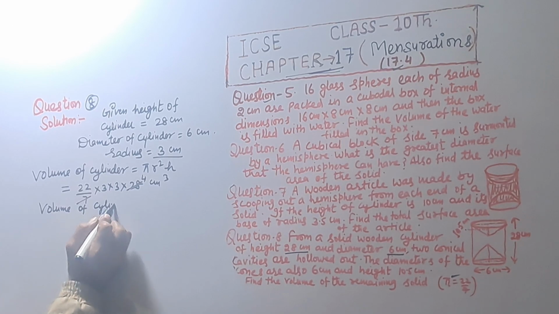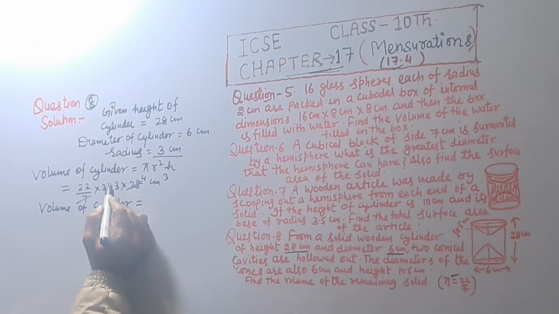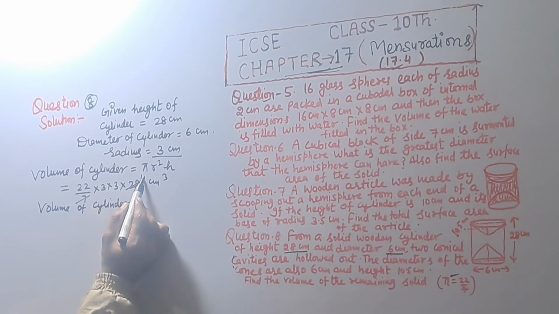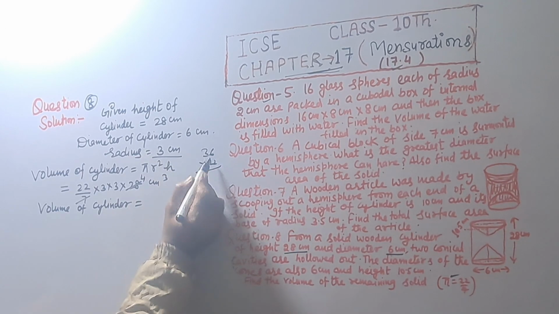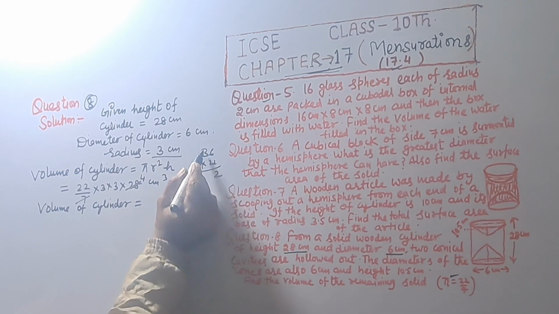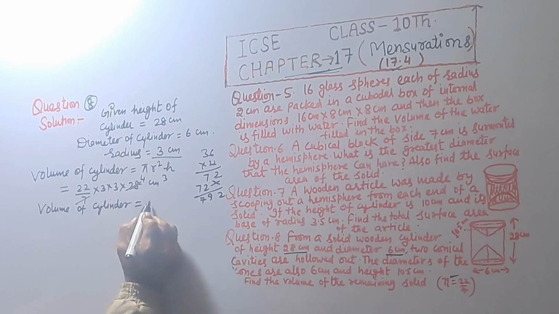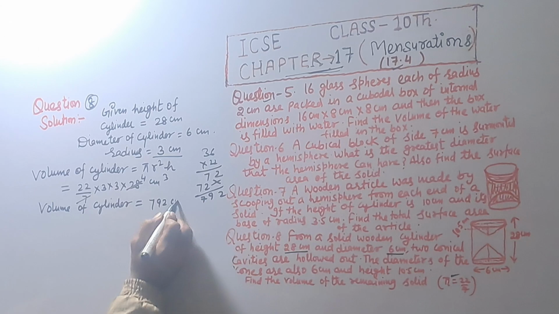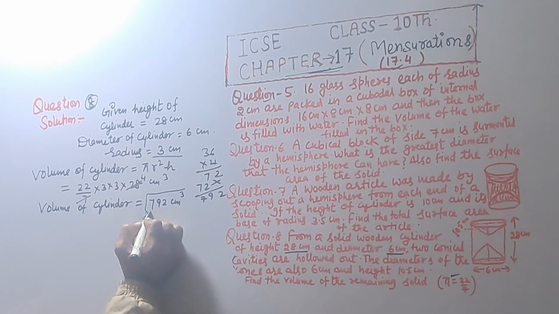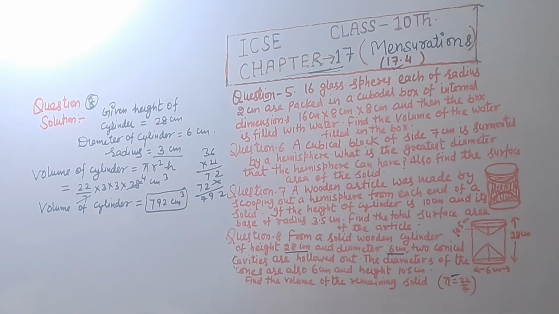Volume of cylinder is equal to 3 3s are 9, 9 4s are 36 and 36 into 22, that is 6 2s are 12, 1 carry, 3 2s are 6 plus 1 7 and 2 7, 2 9 7, that is 792 centimeter cube. Volume of cylinder equal to 792 centimeter cube.